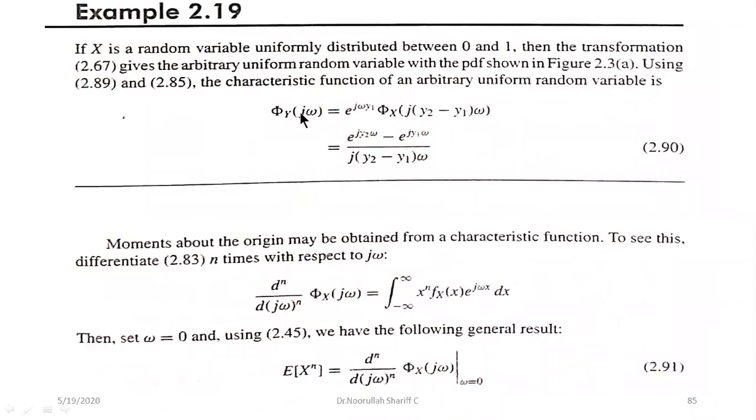Now you just need to write E[e^{jωy}]. In place of y, you need to write (y2 − y1)x + y1. If you simplify that, you will get this term over here.